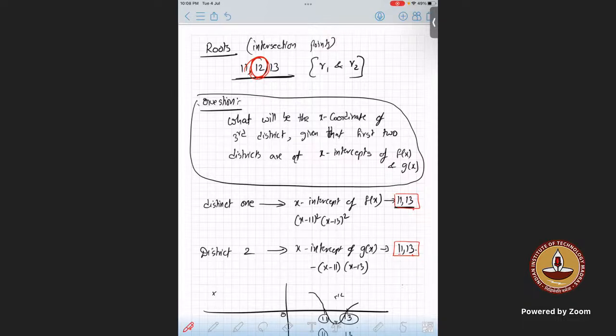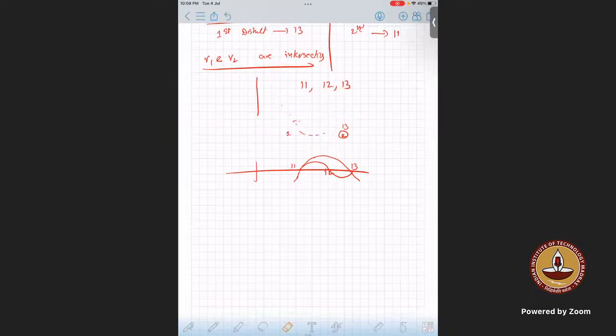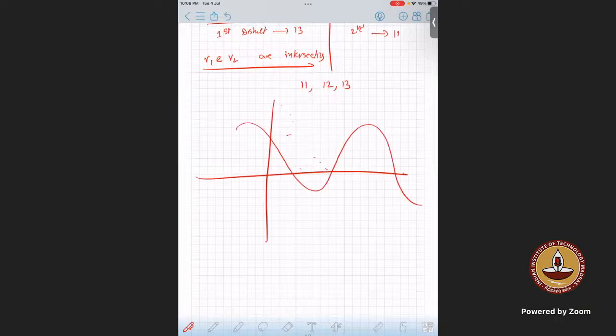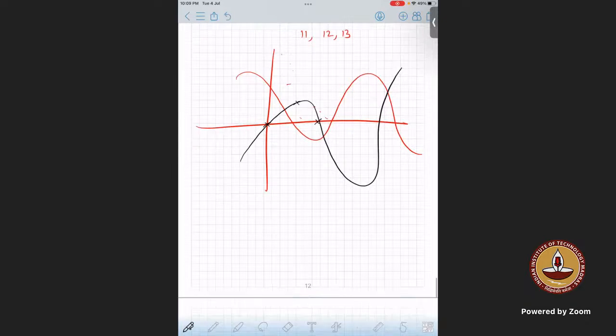That is the reason why you're struggling to imagine. Just stop. I'll make it easy. Suppose this is the curve, and this black one is like this. It must pass through this third, but this is not our graph.